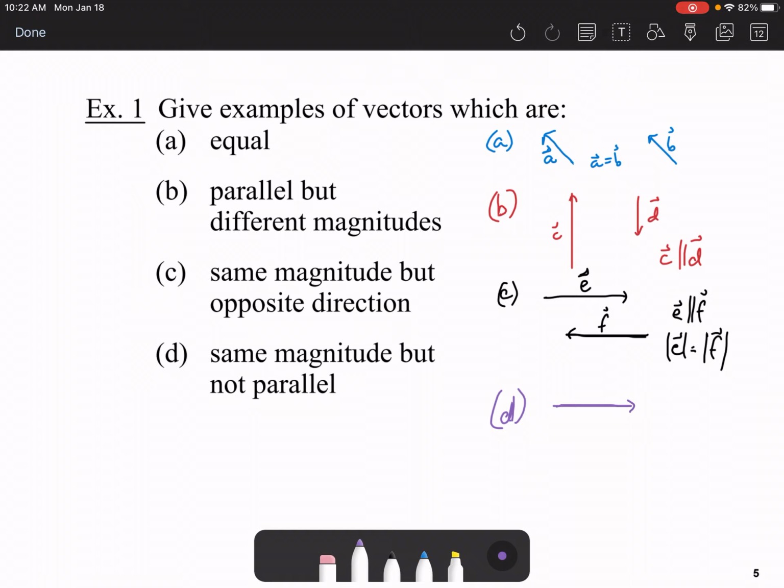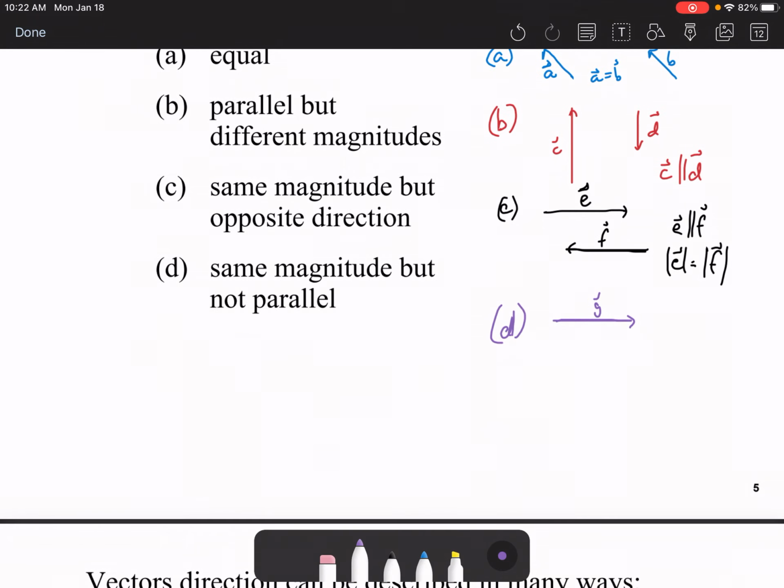So let's call this vector G. And something that's also 2 centimeters, but at maybe an angle or different direction, but it can't even be parallel. And I call this vector H. Here you can only see that the sizes of these two things are exactly the same. But the vector G does not equal the vector H. And there we go.